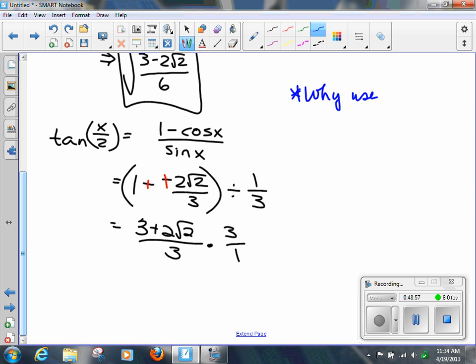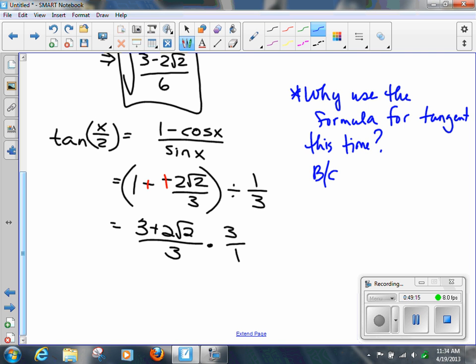Just for our notes, I need this to be said, and I need it written in my notes mainly. Why use the formula this time? Because too many radicals.